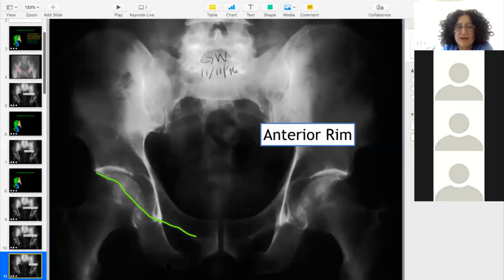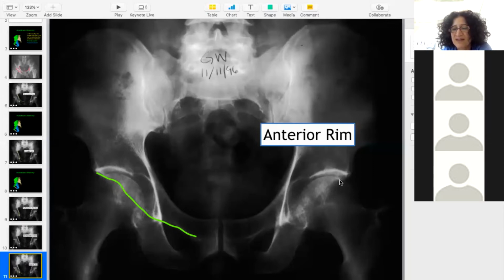And there's a tip here. It can be very difficult. If you look on the other side, there's a line here, there's a line here, which is anterior, which is posterior. One tip is to start in the superior ramus, which is part of the anterior column, the lower border of the superior ramus, and trace it up here. If we do it on the other side, we can see it runs into something there.